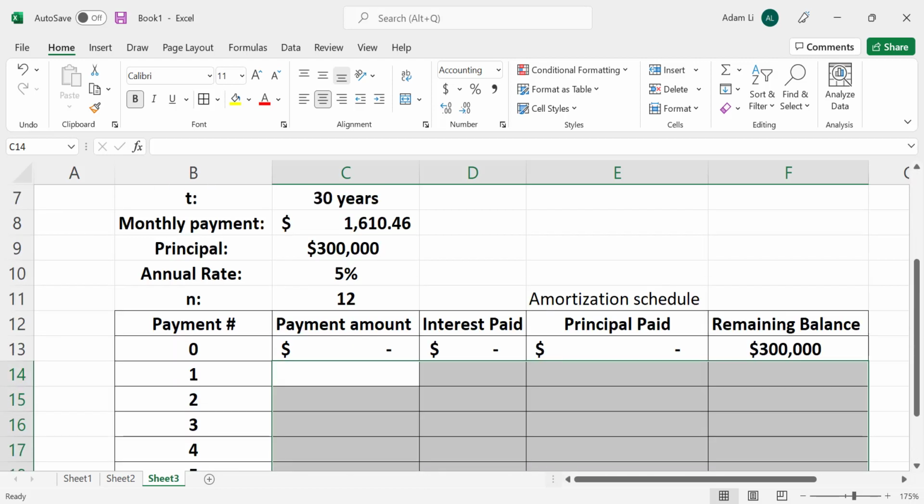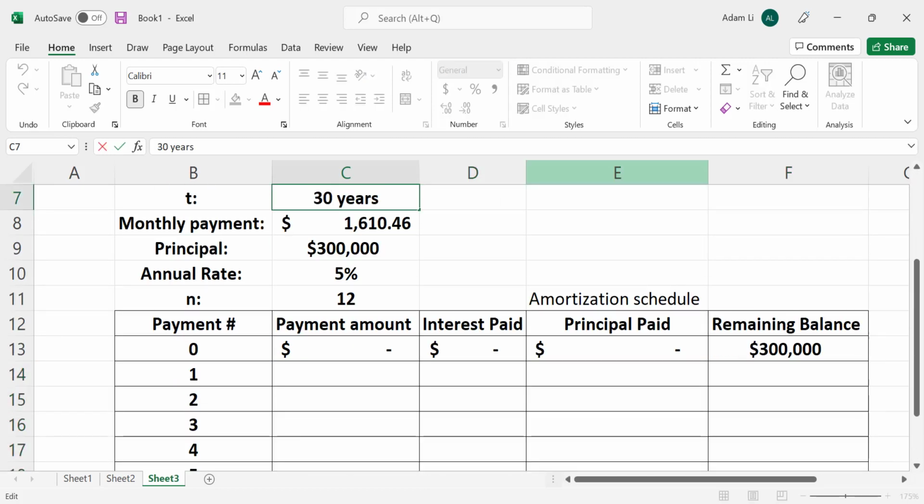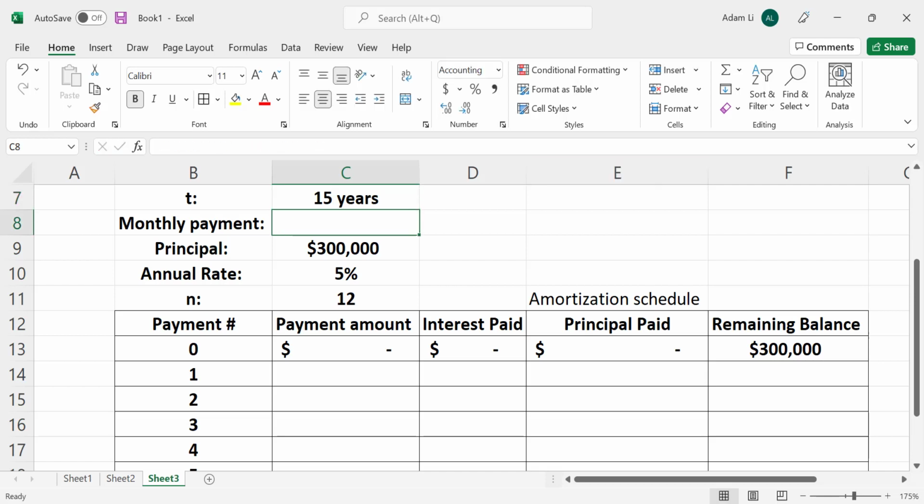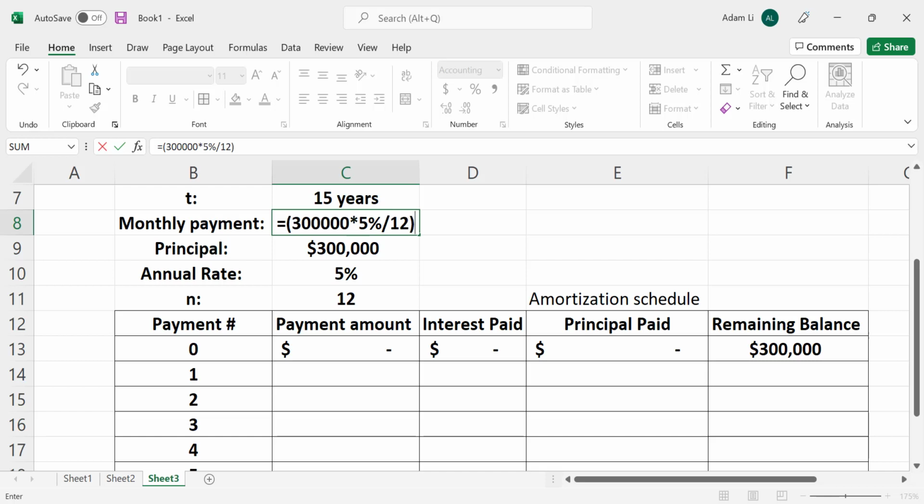And again, it's now a 15-year fixed mortgage. Monthly payments, we're going to calculate that right now. So let's see. 300,000 multiplied by 5% over 12, dividing by 1 minus 1 plus 5% over 12 raised to negative 180 power, close parentheses.